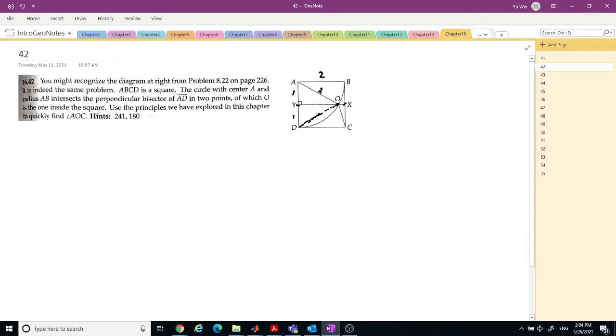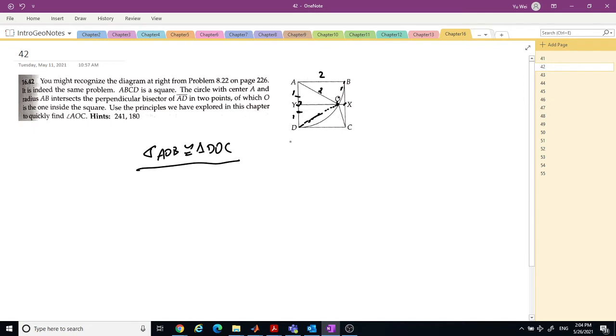Now we can also see the symmetry, right? The triangle AOB is congruent to the triangle DOC. And so we have this is the 90 degrees, this is also the median.